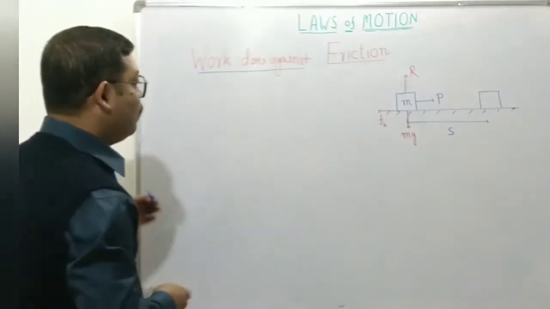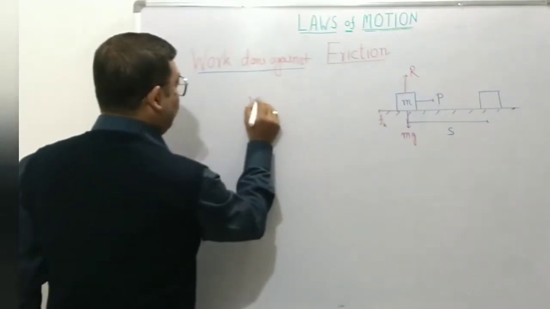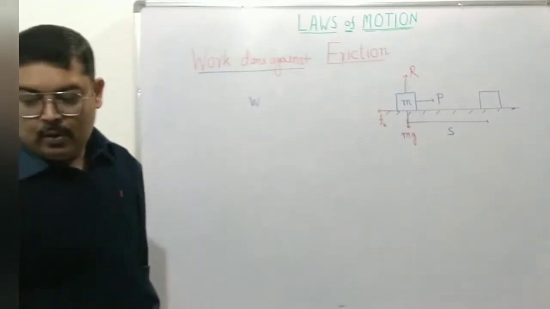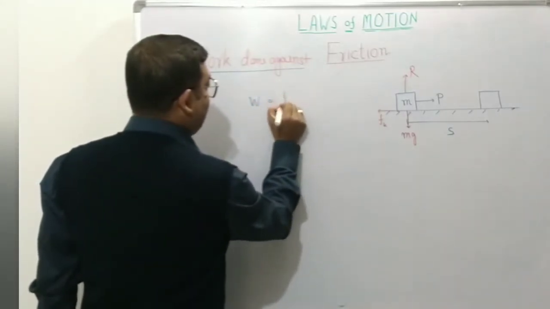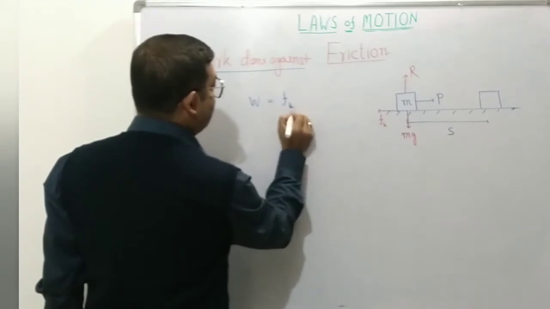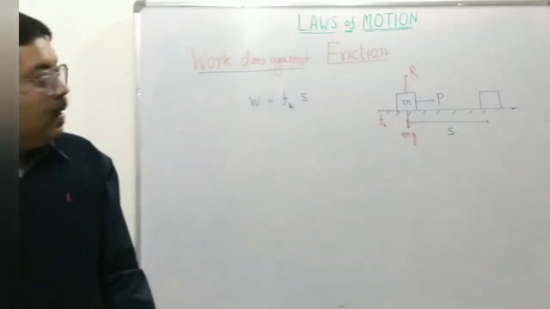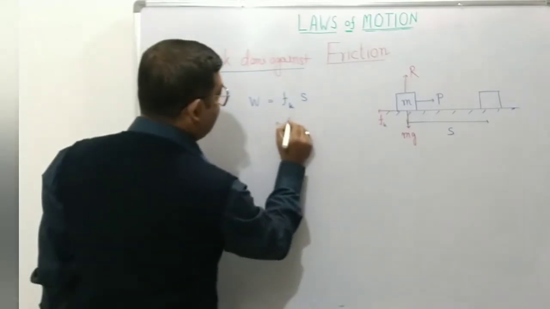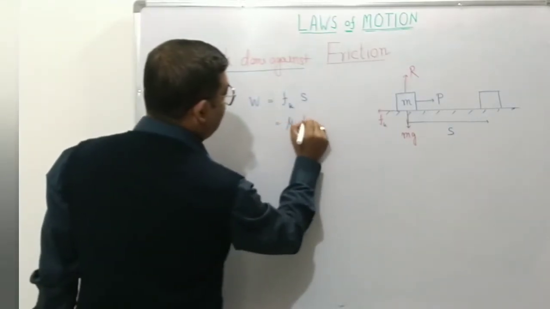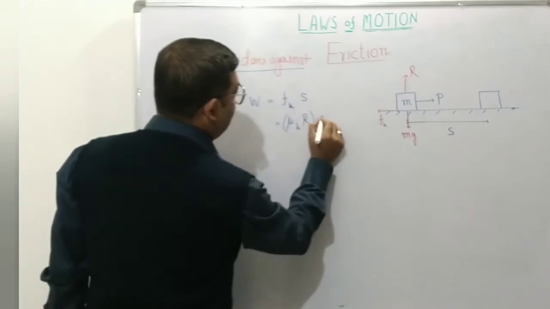Now, by definition of work, we know that work done in magnitude is given by the applied force, in this case the force of friction, multiplied by the displacement. However, force of friction is given by the coefficient of friction multiplied by the normal reaction, and then into s.